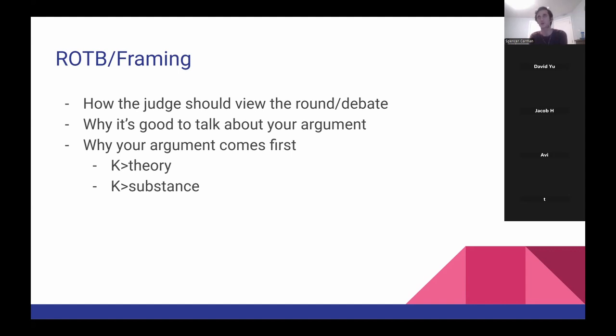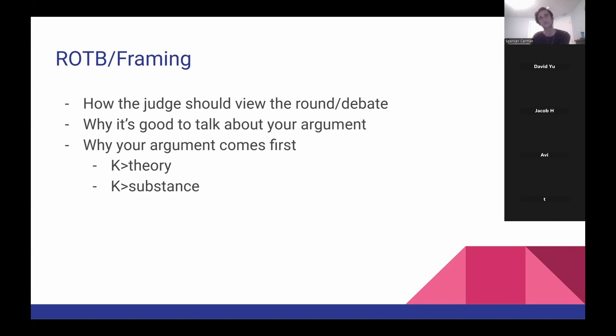And so, in terms of the bare bones of the critique, you really only need the link, the impact, and the alternative. You could read a critique that didn't have framing or, I guess, your theory of power. The link, impact, and alternative are the core parts of a critique that you need to be reading every round.